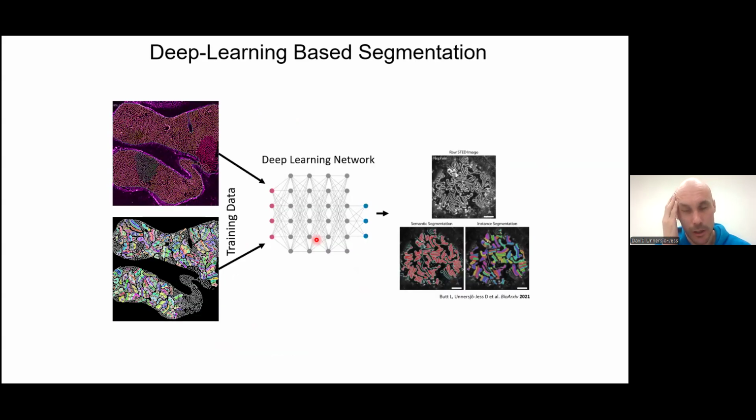What we have done a lot in later years is use deep learning to completely automate the analysis of these images. We trained a deep learning network to segment these structures from such an image, and in human samples, for instance, we can then very sensitively quantify changes in patients.